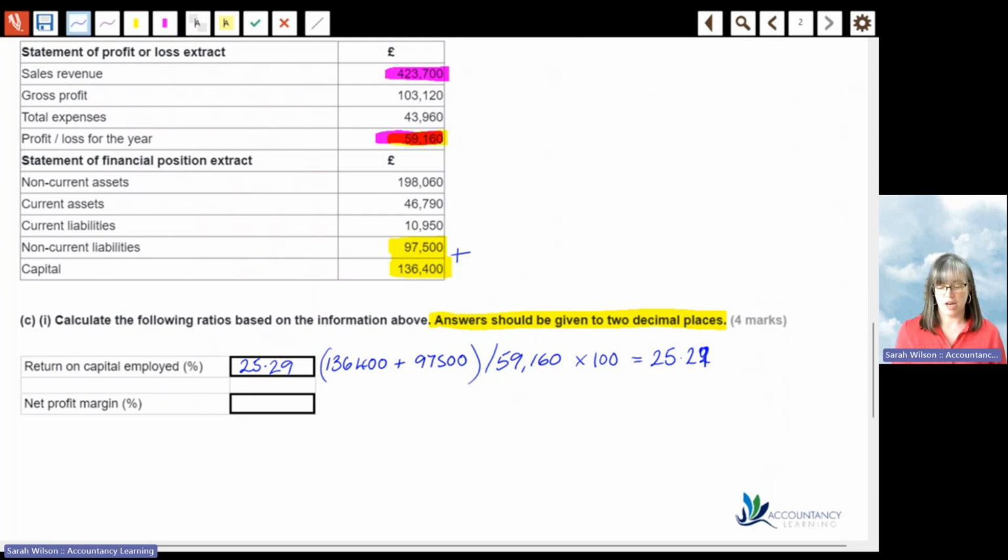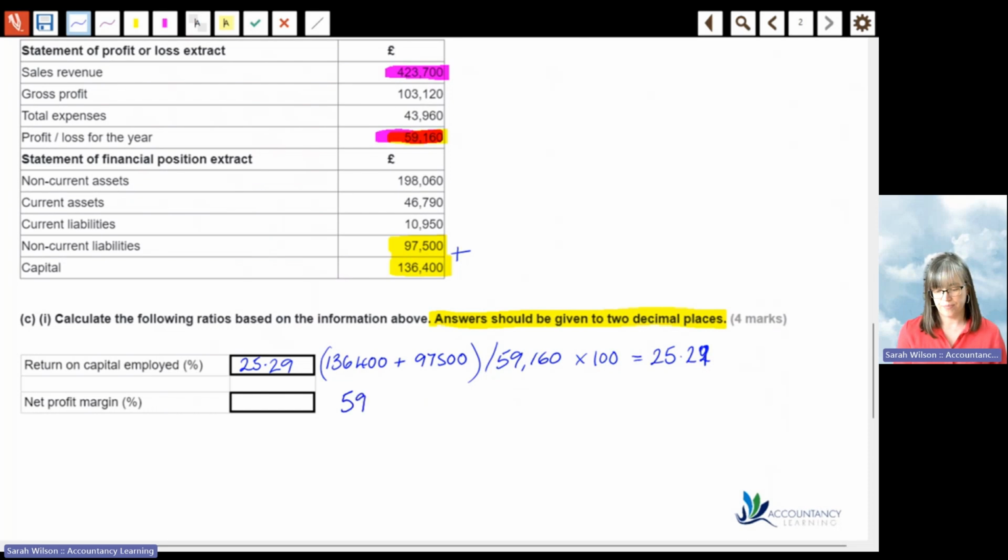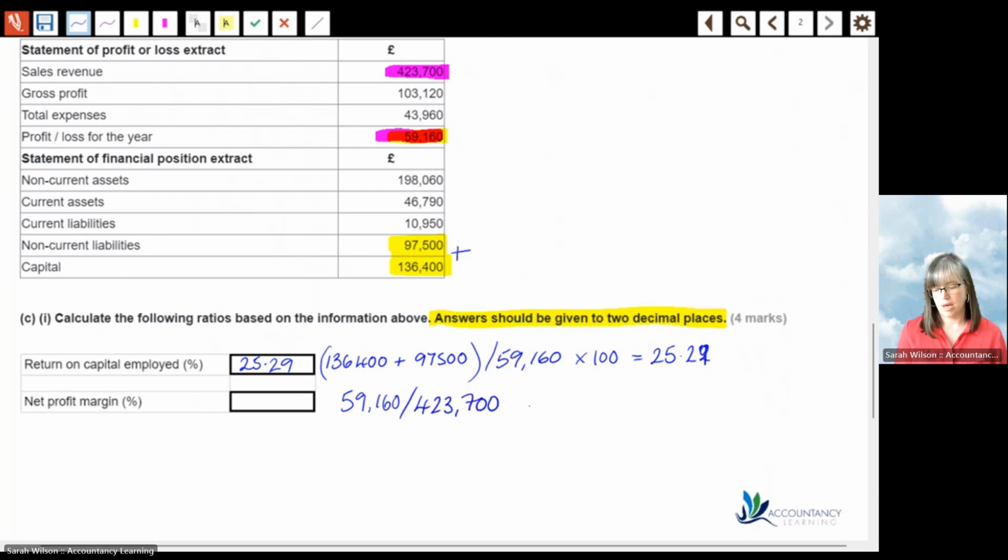So we are going to divide our profit for the year by our revenue, multiply it by 100, because don't forget that's what gives you your percentage, and to 2 decimal places that works out at 13.96.